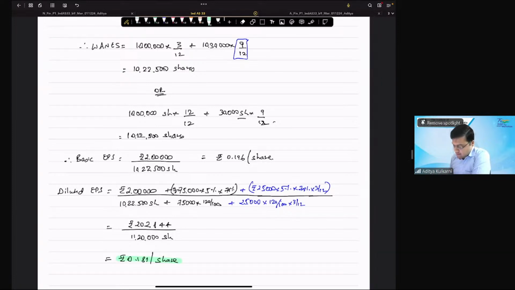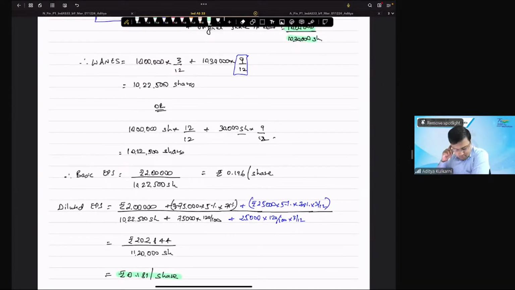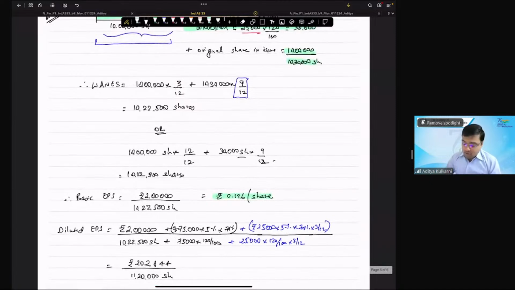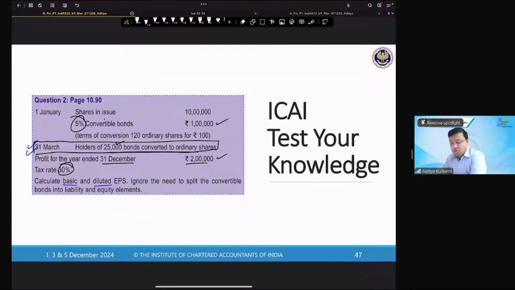Sir, if the question was like that, that 25,000 bonds were converted to ordinary shares, then we have to consider only 25,000 shares. If 31st March was not mentioned, then only we have to take that 25,000 bonds are converted.